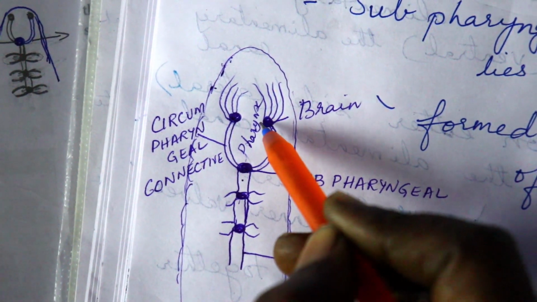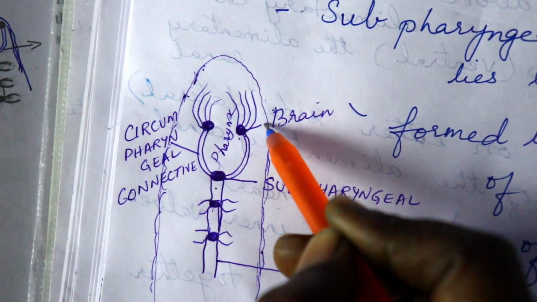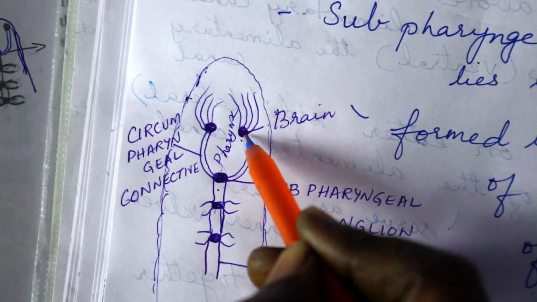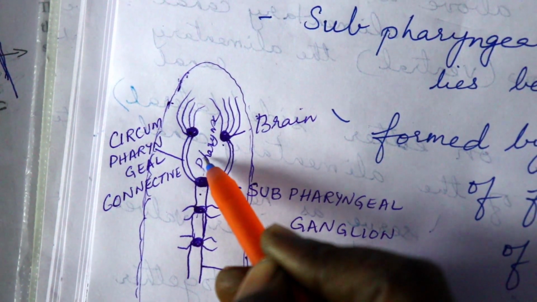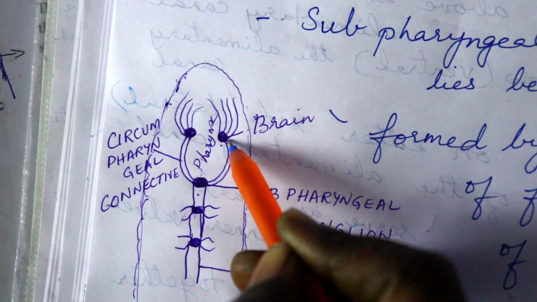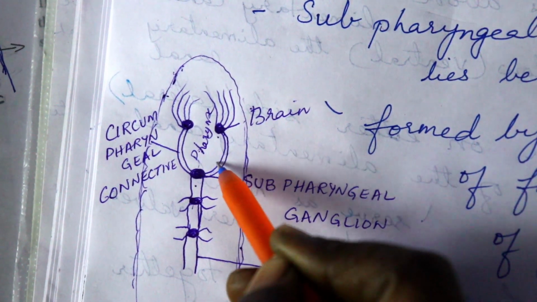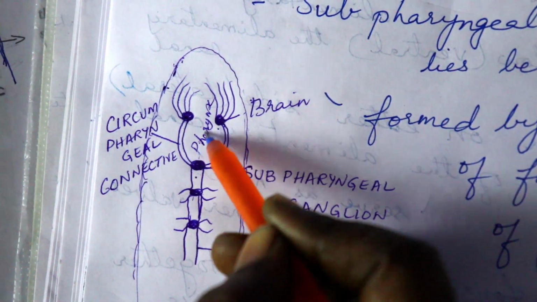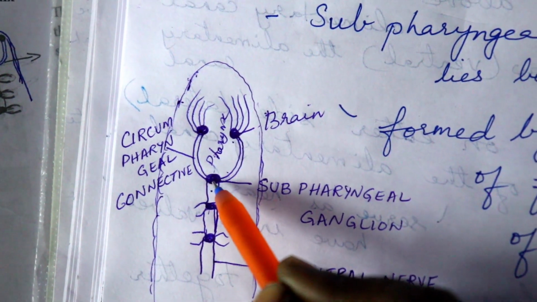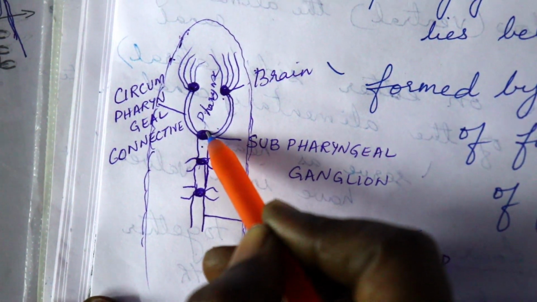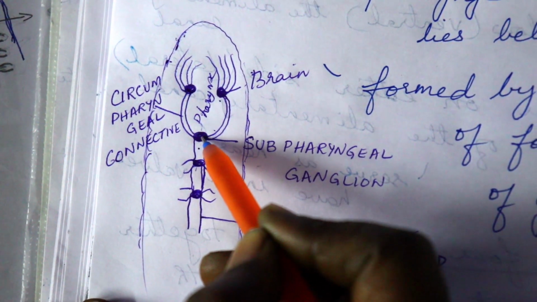Then the pharynx is surrounded by a circumpharyngeal connective, and below the pharynx there is a subpharyngeal ganglion. Ganglion, a group of cells அப்படினு அர்த்தம்.